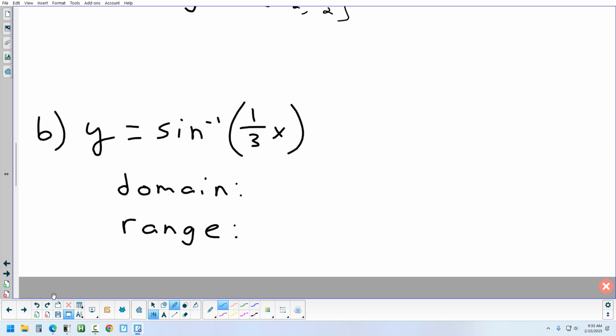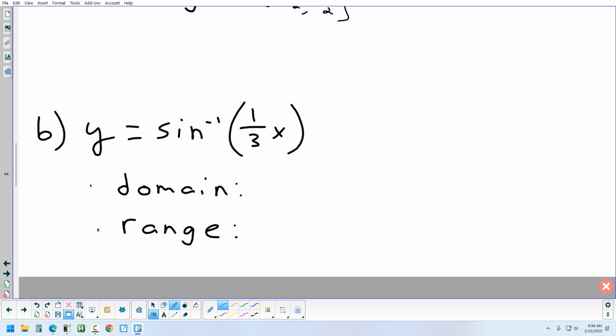There's nothing in front of the sine inverse. That's not changing. Okay, so out of those two, which one stays the same? The range, yeah. So range is going to stay the same.